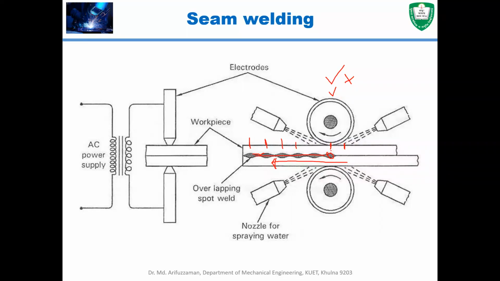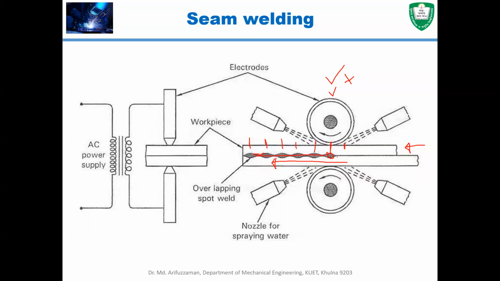The workpiece will have a constant velocity to the left side, and you just have to turn on the electricity to get the welds.